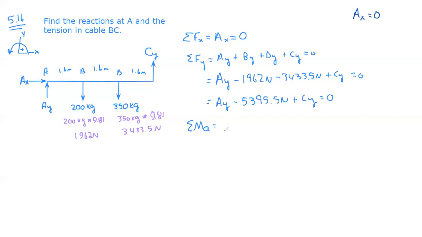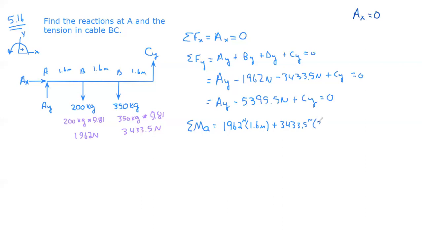Point B is a player. 1,962 times 1.6 meters. Point B is 1.6 meters away from point A. Point D is a player. 3,433.5 newtons times 3.2 meters.